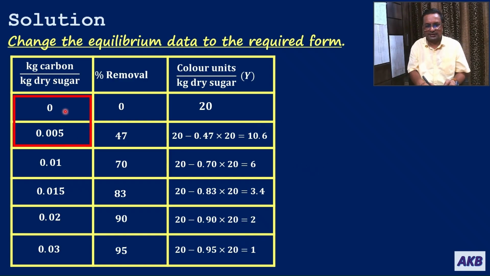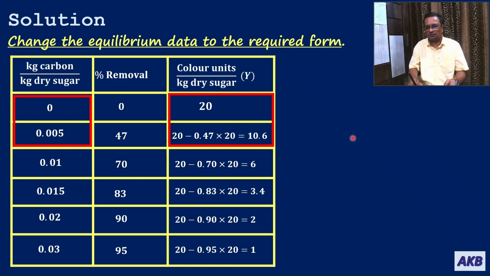Now look at the red color rectangle. Here I am moving from 0 to 0.005. In other words, I am adding 0.005 kg carbon per kg dry sugar to the solution, and this results in color reduction from 20 to 10.6.